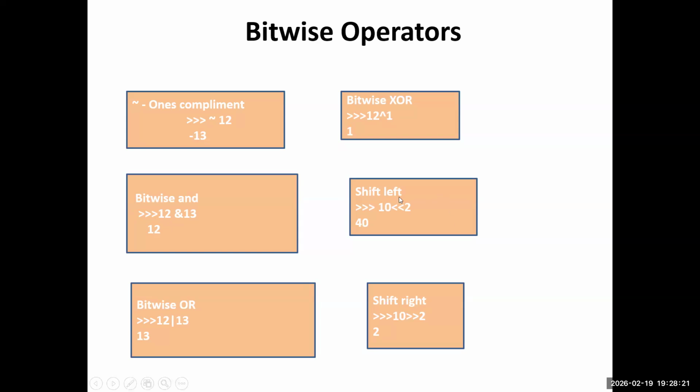Then shift left. Suppose you want to move your bits by one position, two positions, or three positions. For example, 0011 is your given input. Assume that 0011, the decimal value of this binary value, is 3.